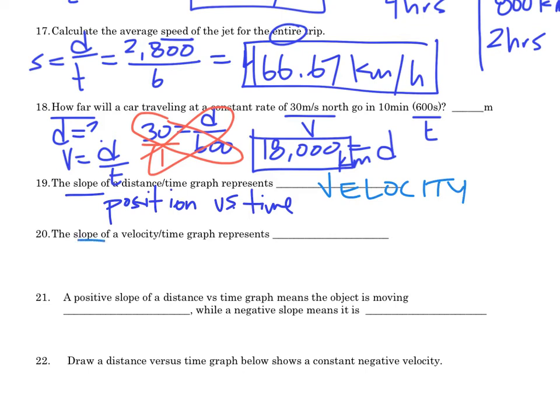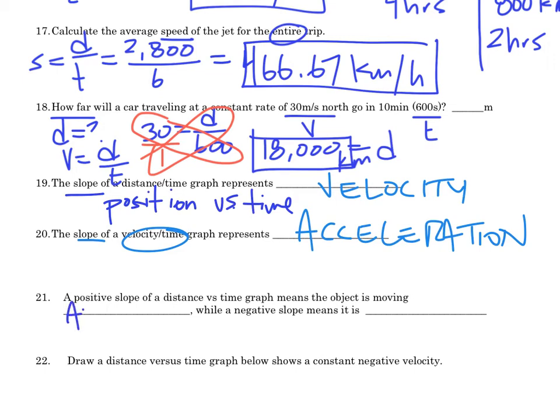And the slope in a velocity versus time graph measures acceleration. Okay, so what do the slopes tell us? Well, positive slope in a distance versus time graph means the object is moving away. So a negative slope means it's moving towards.